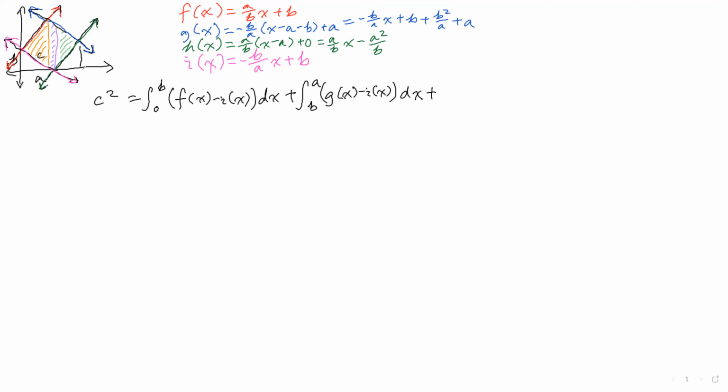And then recall that this is a plus b. So the final integral, the kind of toothpaste green section, would be integral from a to a plus b of g of x minus h of x with respect to x.